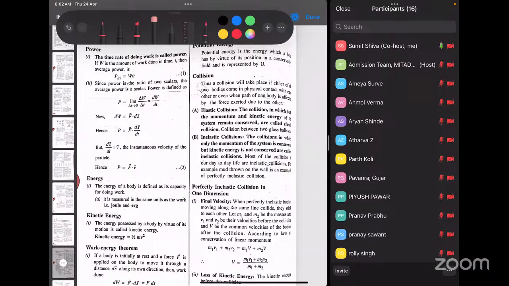On the other hand, in case of inelastic collision, linear momentum will definitely be conserved. Delta p will be 0, but delta k is not equal to 0, which means kinetic energy will change. In most cases, kinetic energy will decrease because some of the energy will be converted into heat energy. There are certain examples for elastic collision, such as collision between two glass balls. And most of the collisions in our daily life are inelastic collisions.